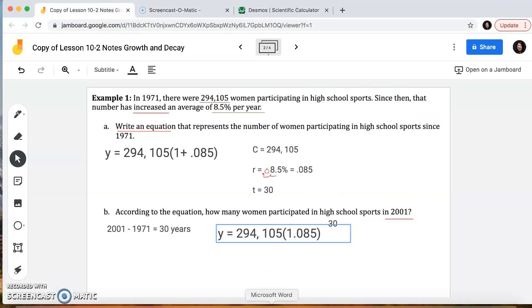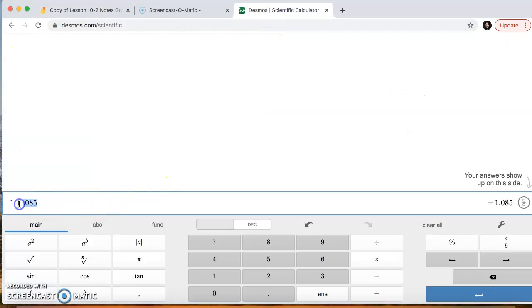So that's my function now. Now we just need to simplify it. This is where the Desmos calculator is going to come in. You can just plug it in just like this. 294,105 times 1.085 to the 30th power.